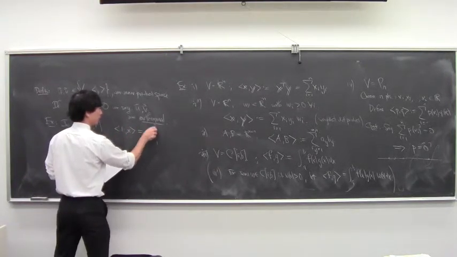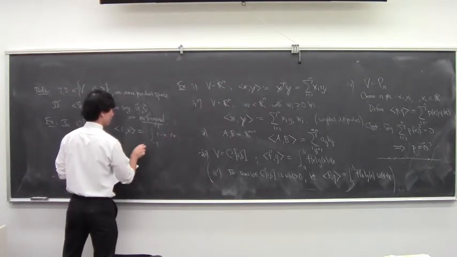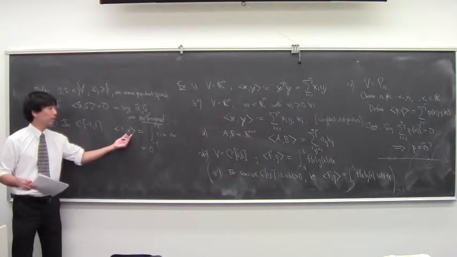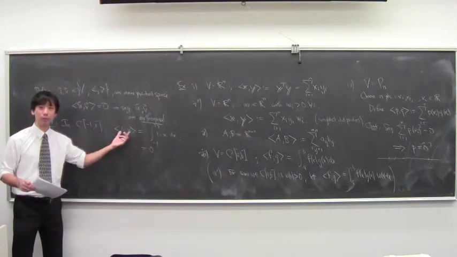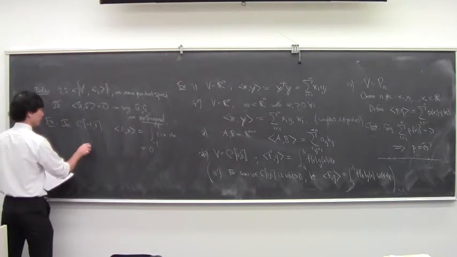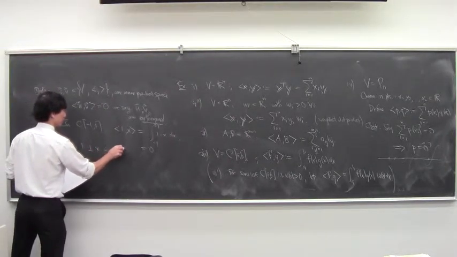The inner product of 1 against x is you integrate 1 against x, and you get 0. So the function 1 and the function x are orthogonal to each other. 1 is orthogonal to x in C[-1, 1].